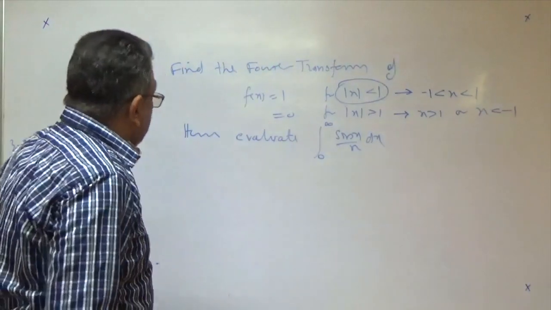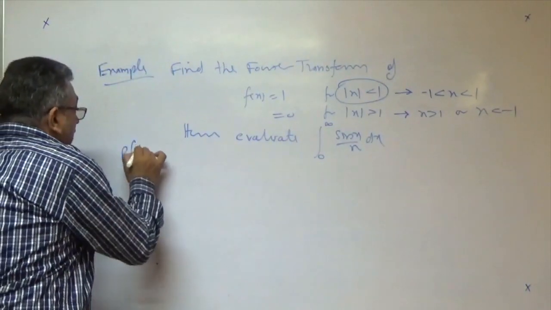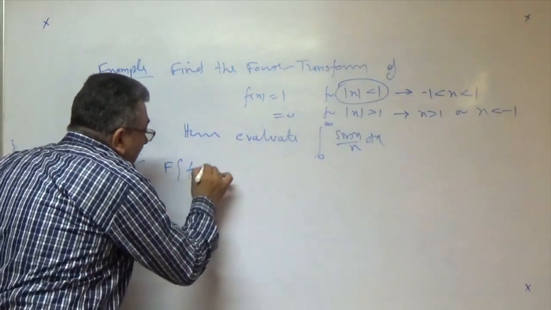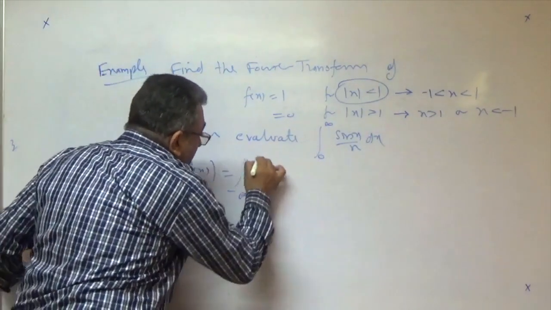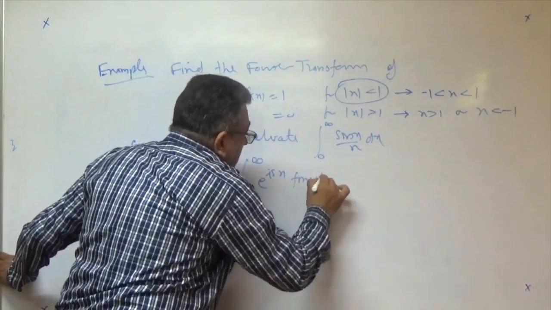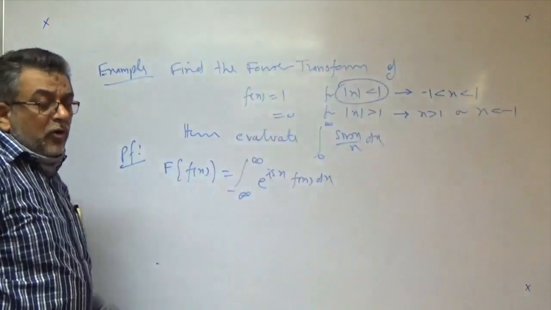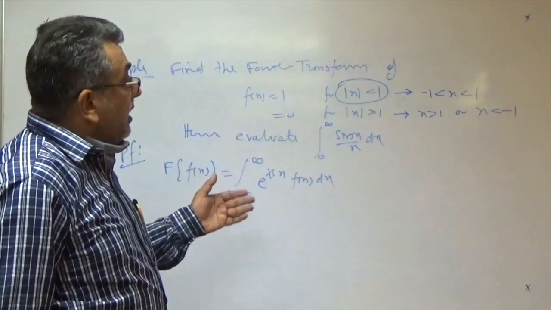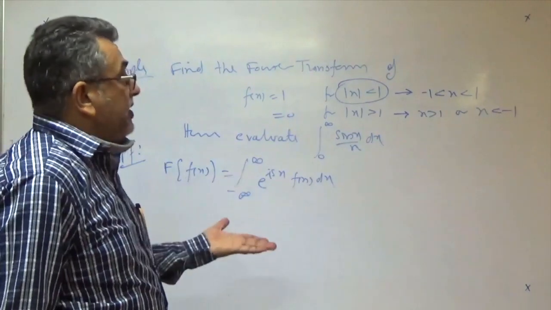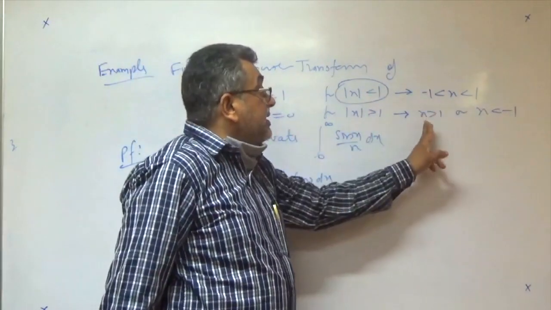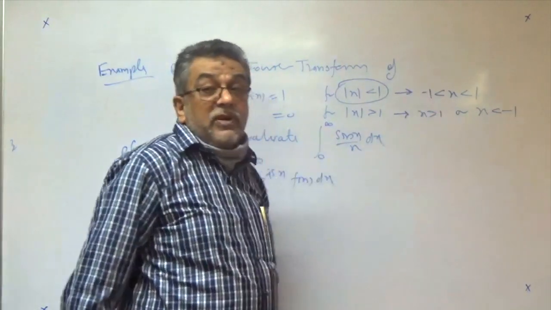So according to the definition, first we have to find the Fourier transform. The formula for the Fourier transform of f(x) is, just as I told you, the integral of e to the power isx f(x) dx, right? So according to the given definition of the function, this integral will break into three parts, because x is less than -1, greater than 1, or between -1 and 1.